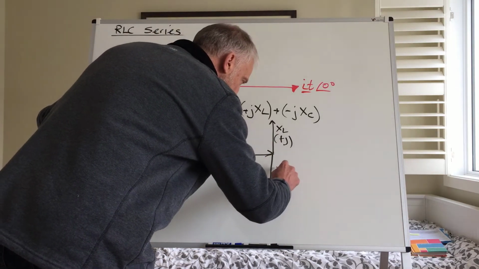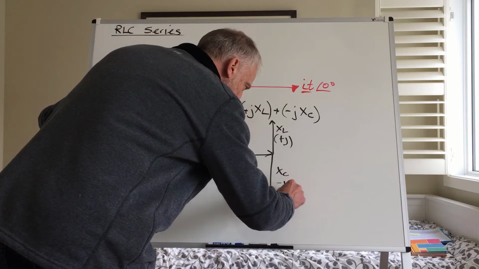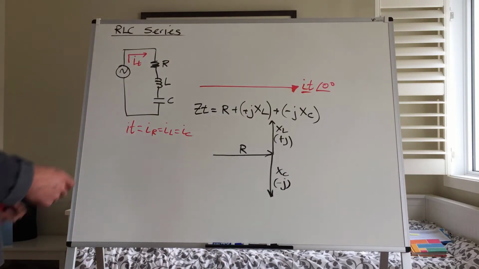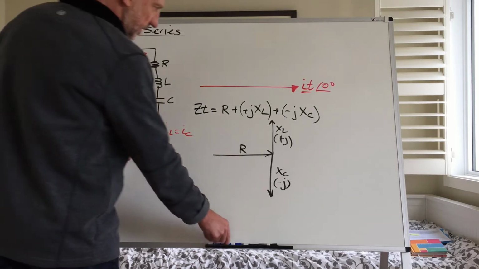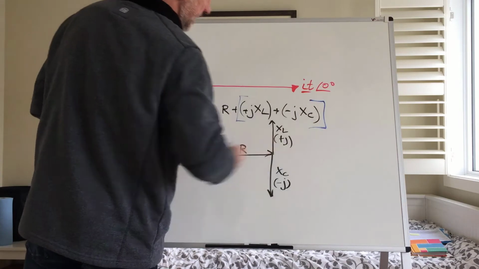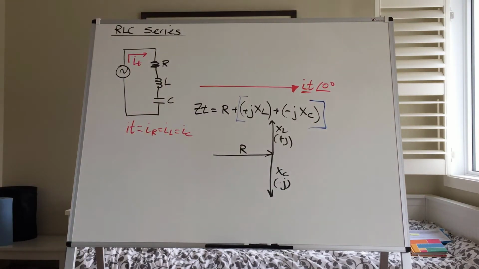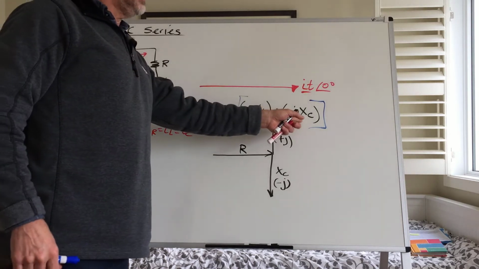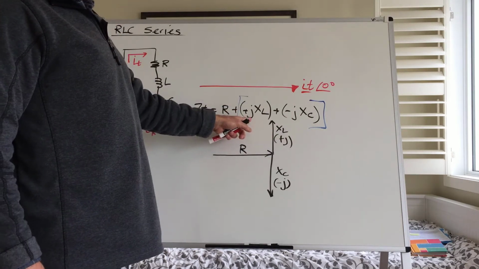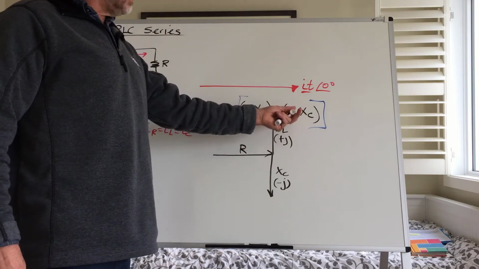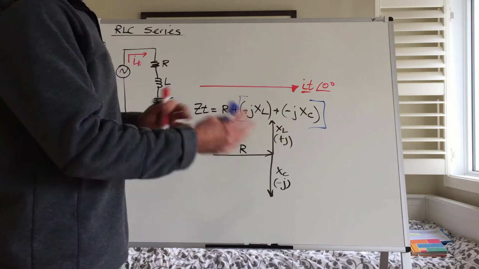And we're going to have an XC as a minus J value. Well, when you look at this part of the equation, what it means is when you have a plus 90 value added to a minus 90 value, if the minus 90 value is greater than the plus 90 value, obviously you're going to have a net result that is minus 90 degrees or minus J. I think you get the idea.